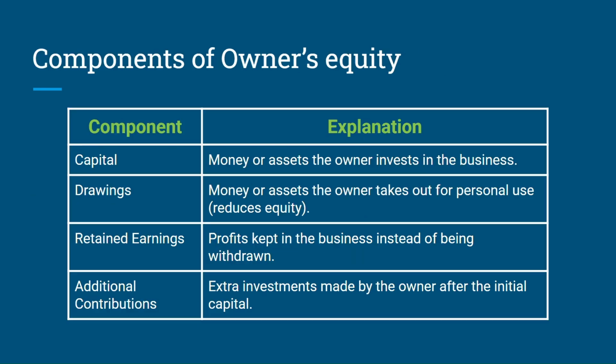So we've got many parts of owner's equity. Owner's equity consists of these following four things. Capital. Capital is money or assets the owner invests in the business, all right?